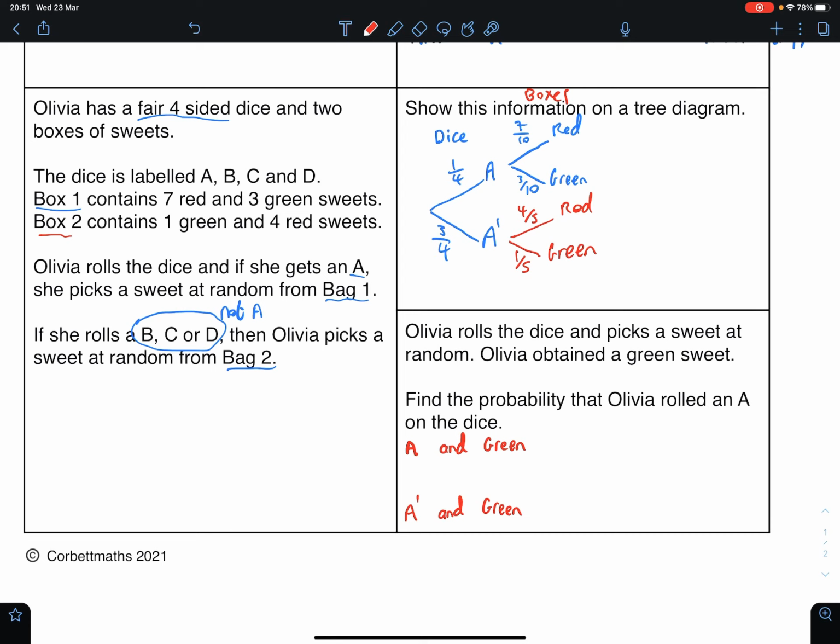Right, let me just have a think. So Olivia rolls the dice and picks a sweet at random. Olivia obtained a green sweet. Find the probability that Olivia rolled an A on the dice. Okay, so if we know that she gets a green, that means we obviously know that she didn't get a red.